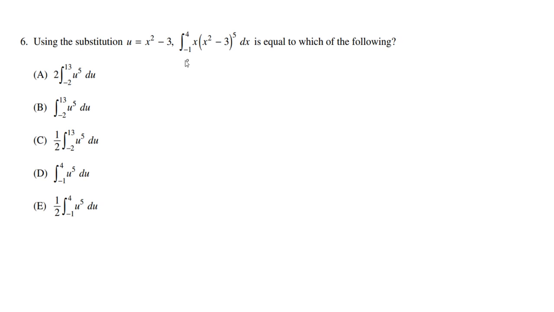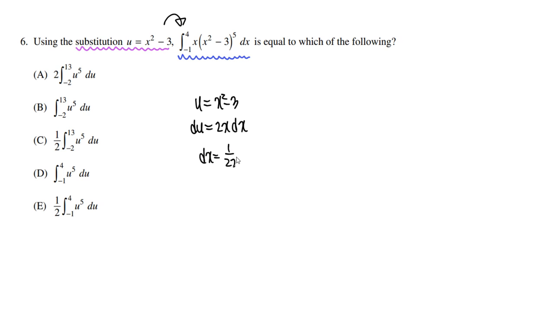Let's try this integration. When we are solving this integration, we're going to use the method of substitution. This is quite a lot of tips for solving these problems. So u equals x squared minus 3, then we differentiate each side, and dx equals 1 over 2x du.